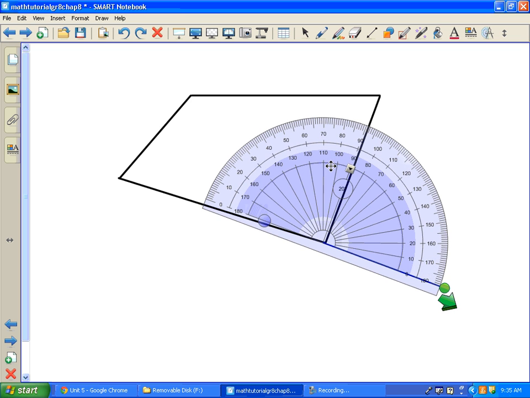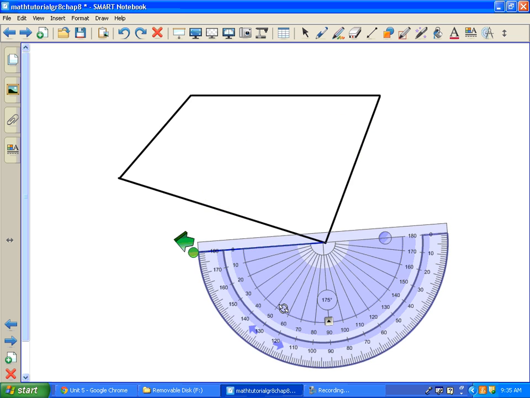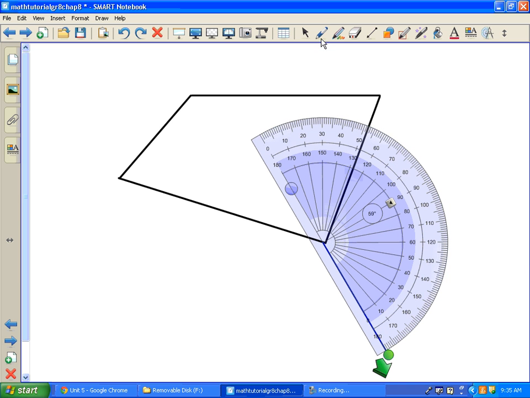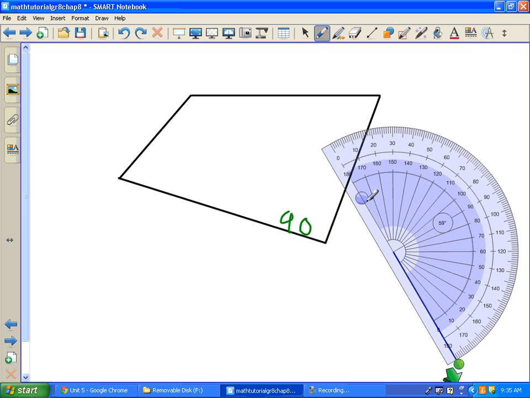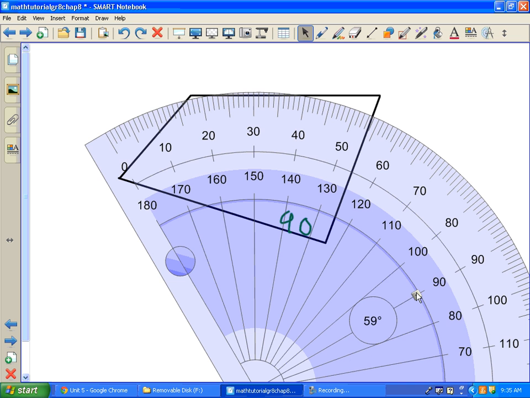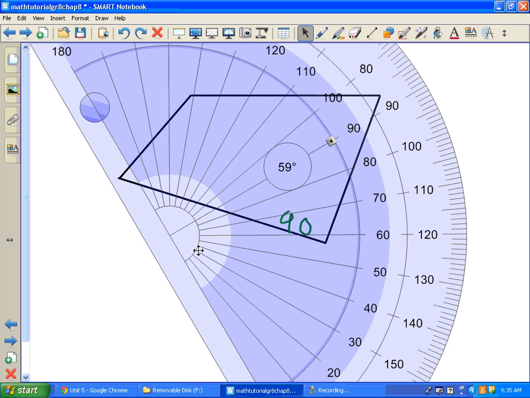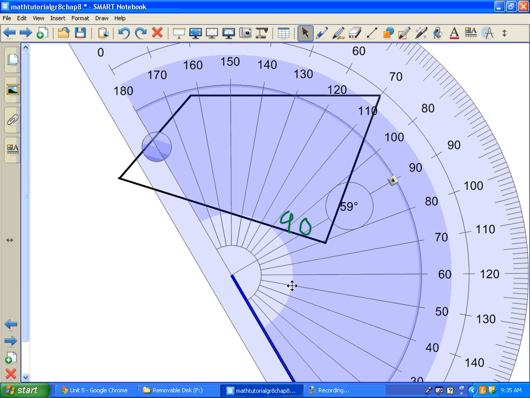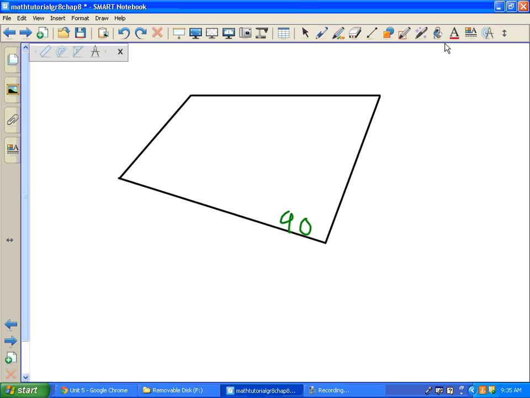this angle I already know is going to give me a 90-degree angle. That one looks like a 90-degree angle. So we'll put 90 down there for this corner. Oopsie daisy, too big. See if I can shrink him down. Okay.